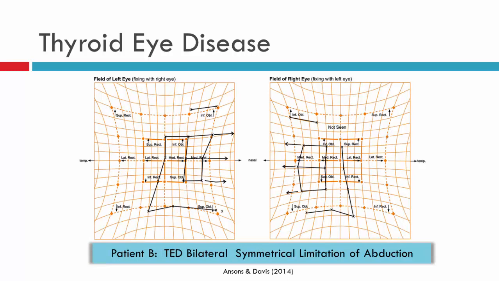Okay, and lastly here we have a patient who has thyroid eye disease and has bilateral symmetrical limitation of abduction. So we can see here that abduction is affected quite significantly, and here again on the left eye, abduction is affected significantly.